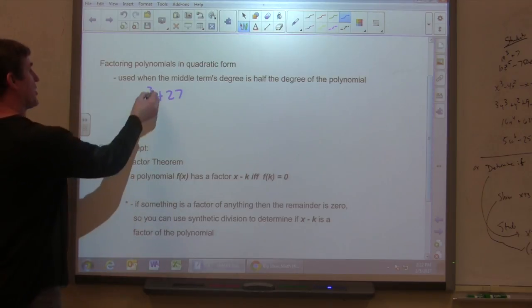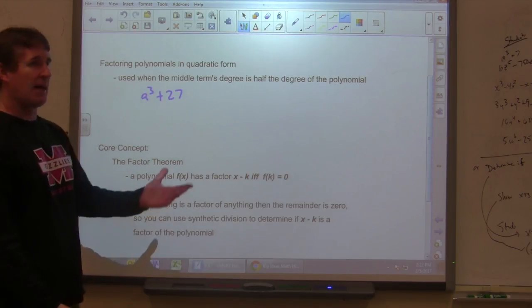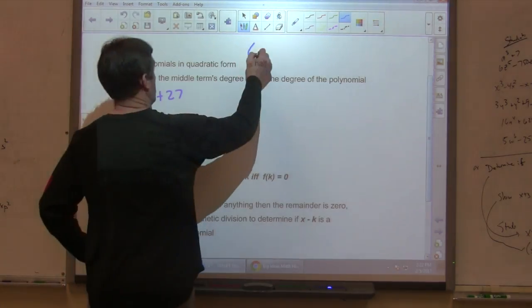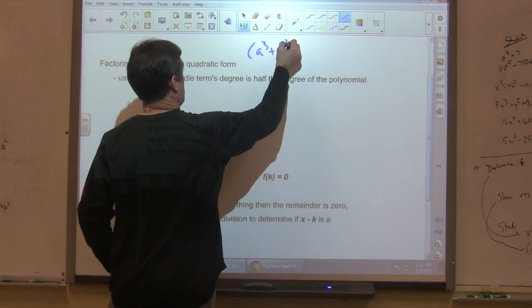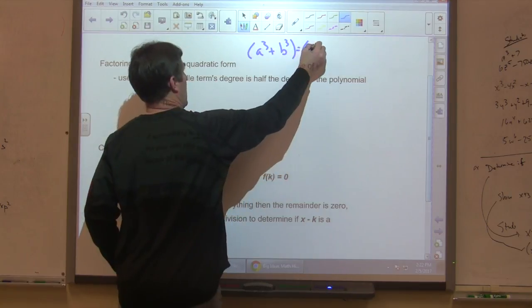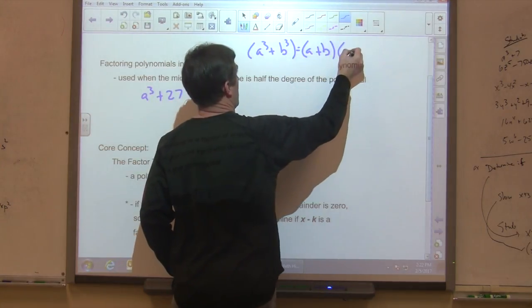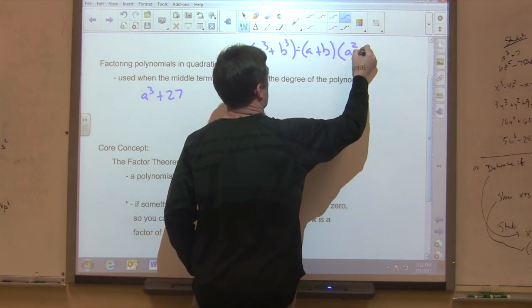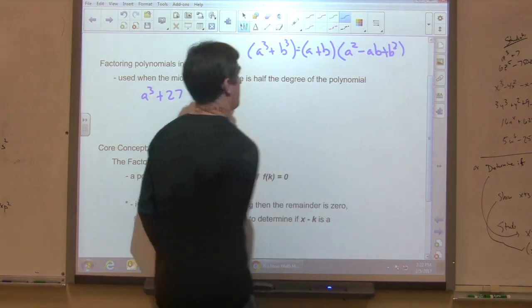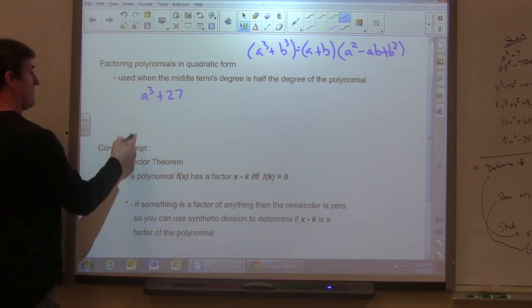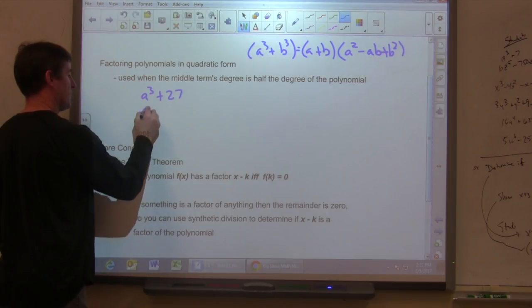So it's a cube. I would look and say, does that fit my cube? Remember, we have a cubed plus b cubed is equal to a plus b times a squared minus ab plus b squared. A is obviously a cube.